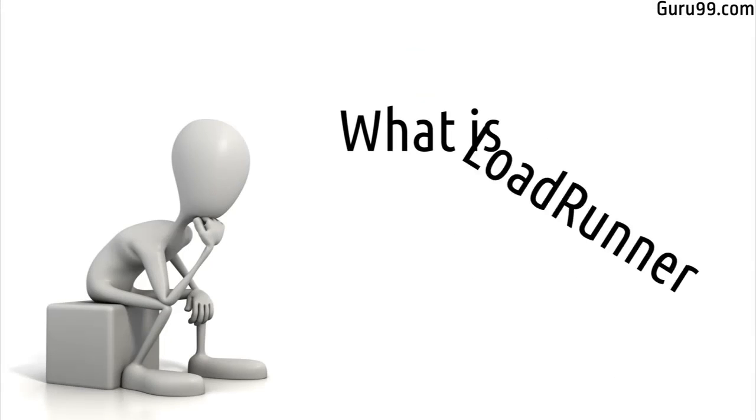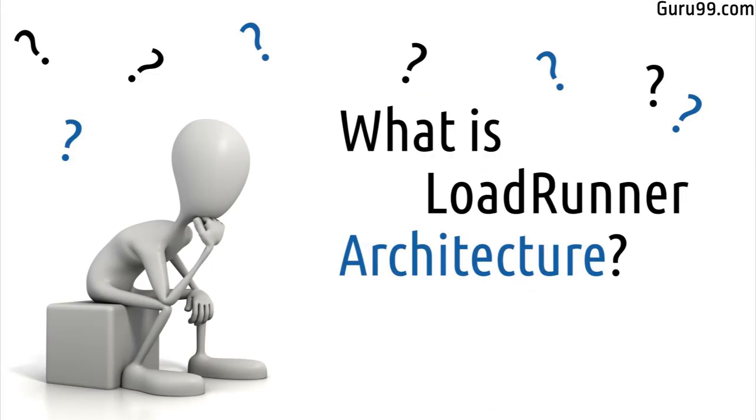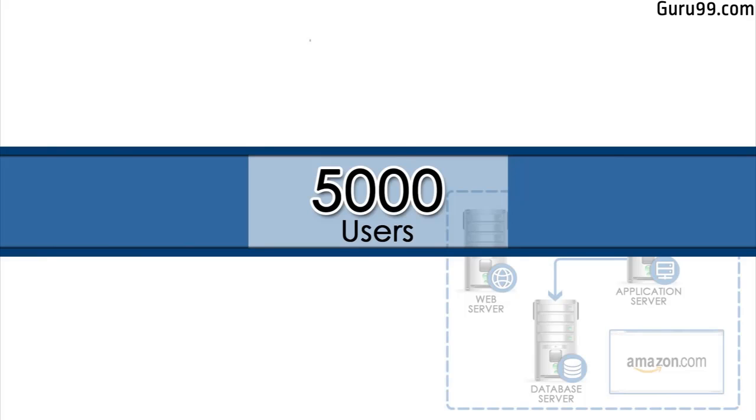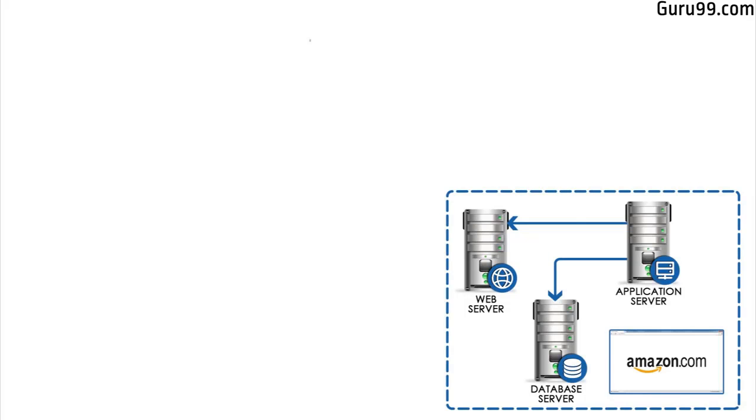What is Loadrunner Architecture? Frankly speaking, the architecture of Loadrunner is complex, but we will understand its architecture by solving a set of problems. Problem 1. Suppose you were assigned to check the performance of Amazon.com for 5,000 users, a very small traffic for such a huge website. How is it possible to arrange 5,000 people to access different sections on Amazon all at the same time?